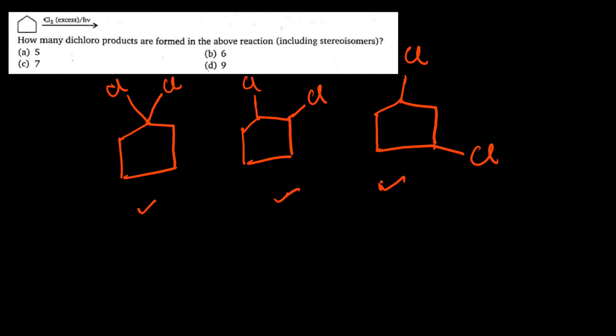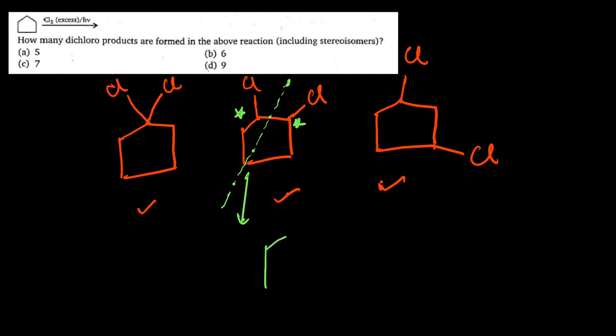Now students, we have to include stereoisomers. If we talk about stereoisomers, geometrical and optical both. So students, here if you see geometrical, you will get two geometrical, isn't it? Cis and trans. Clear? Even you can do it like this, students: in this case if you see, there is a plane of symmetry, isn't it? There is a plane of symmetry. So a plane of symmetry will be there when they are on the same side.